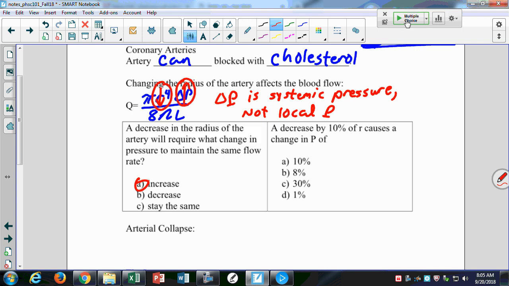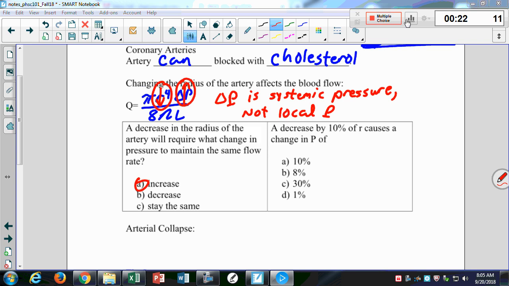Let's go ahead and do this other one here. A decrease of 10% of R causes a change in the pressure of what? Is the pressure going to change by a lot or a little?